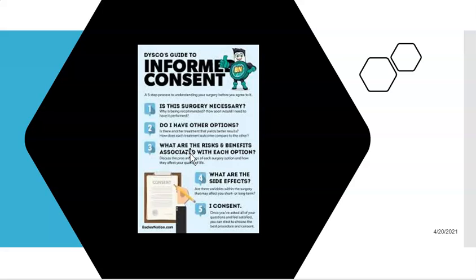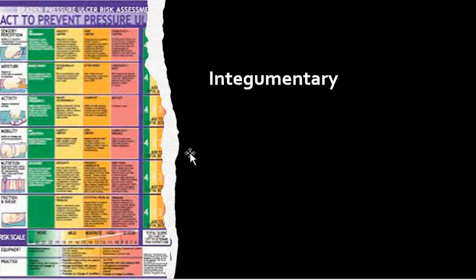So they really need to understand that before they sign it. It is completely voluntary. You want to provide the provision of information like I just discussed, and comprehension of the information. You want to make sure that they understand it and that they're competent to make those decisions. So when you are signing that consent, the nurse's signature is really saying that the patient is competent and able to make the decisions, that they understand everything.